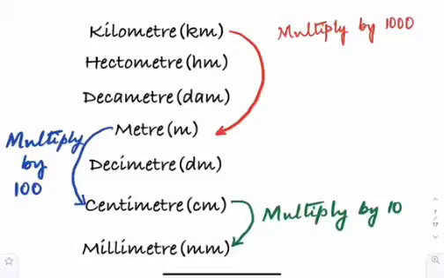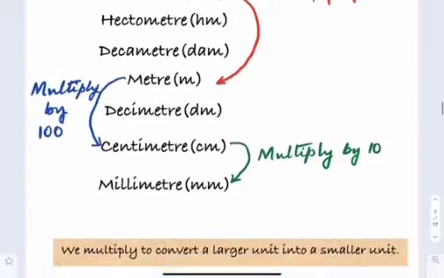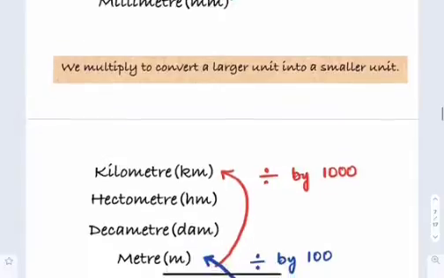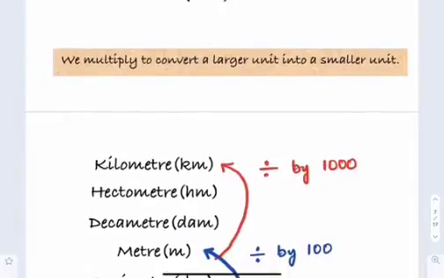With what? With their corresponding place values. Okay, understood? We'll further try to understand by solving problems. You need to make a note of this. You have to always remember that we multiply to convert a larger unit into a smaller unit.